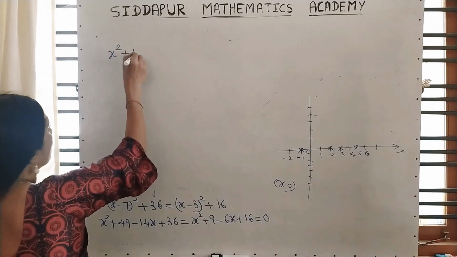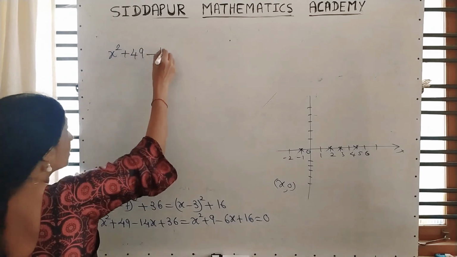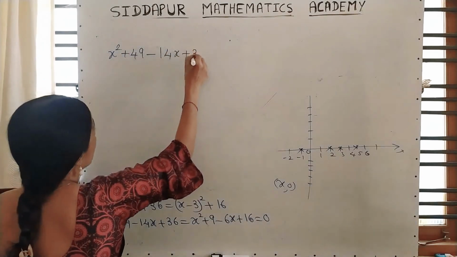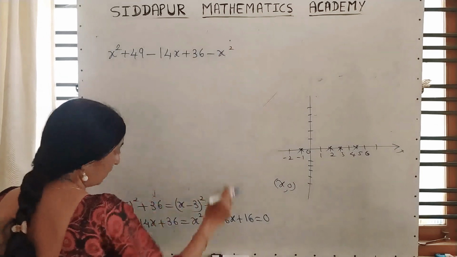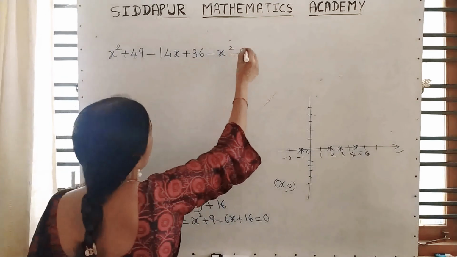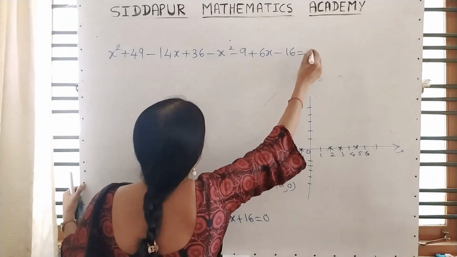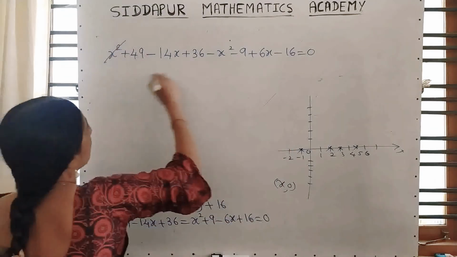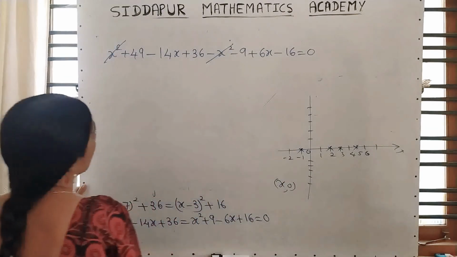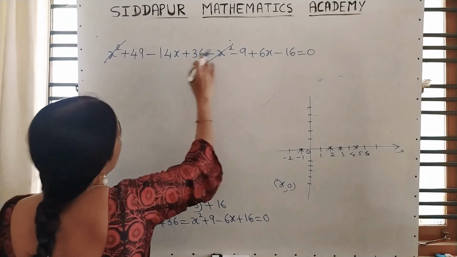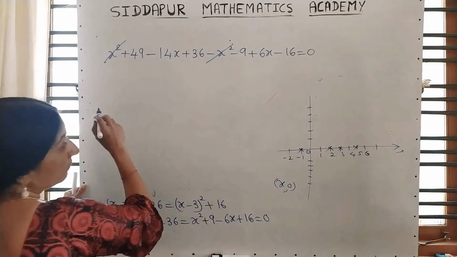x square plus 49 minus 14x plus 36 minus x square minus 9 plus 6x minus 16 is equal to 0. Plus x square minus x square cancels. Minus 14x plus 6x is minus 8x.